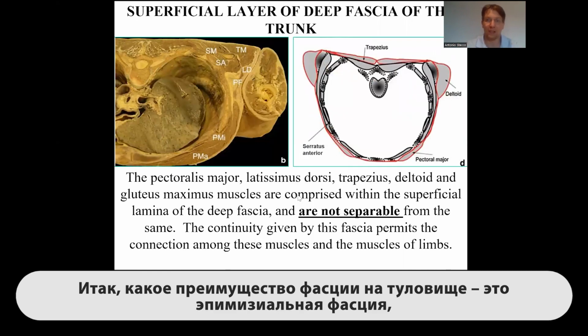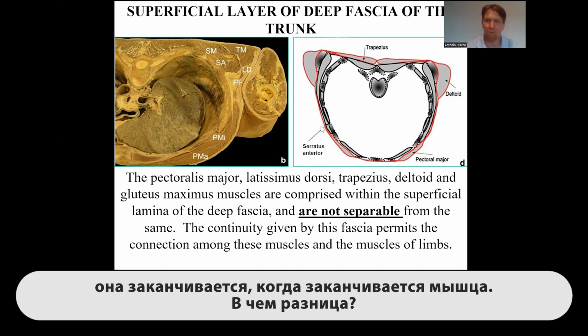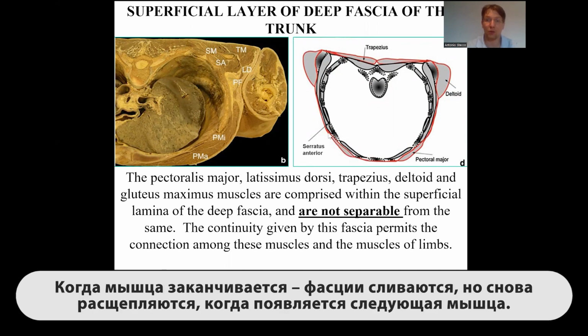So what is the advantage of this fascia in the trunk? We call it epimysial fascia, because it's like an epimysium, completely adherent to the muscle. But what is the major difference? When a muscle stops, the two layers come together, but they keep going, and then they split to run around another muscle, and then come together, and then split again around another muscle.